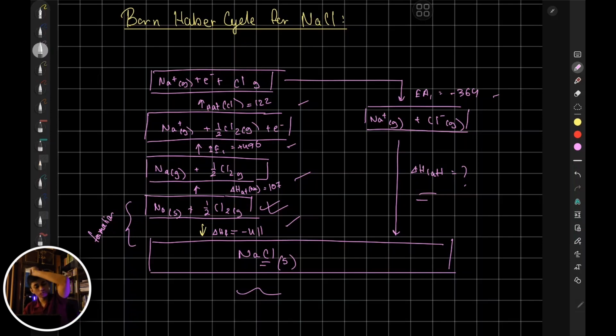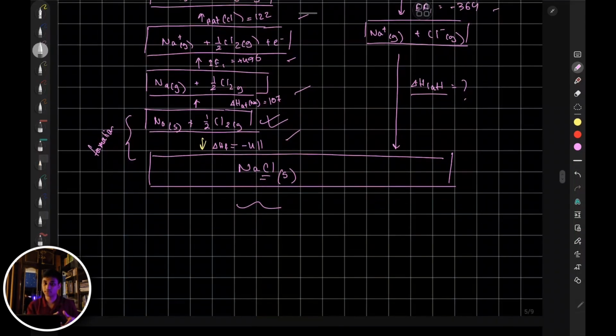So what do you do? You draw the entire Born-Haber cycle and plug in the values of enthalpy changes wherever required, and then you can use this in the equation to find out the enthalpy change of lattice energy.